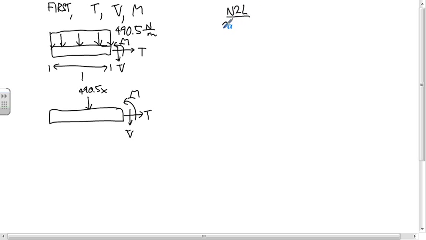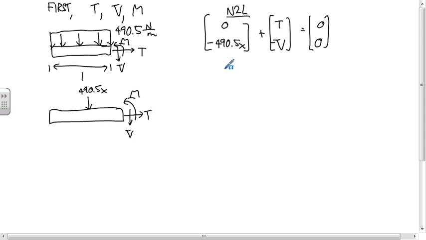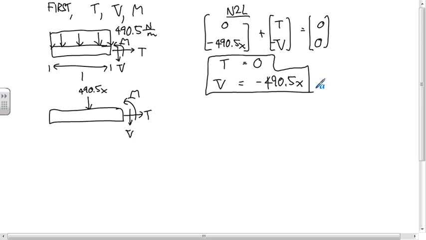So we have 0, negative 490.5x plus T, negative V is equal to 0. So T is equal to 0. V is equal to negative 490.5x. Yes, thank you.